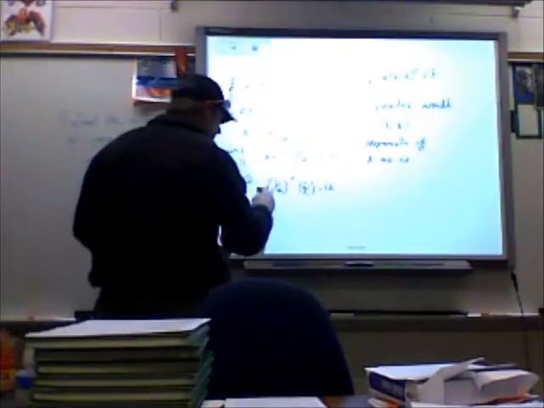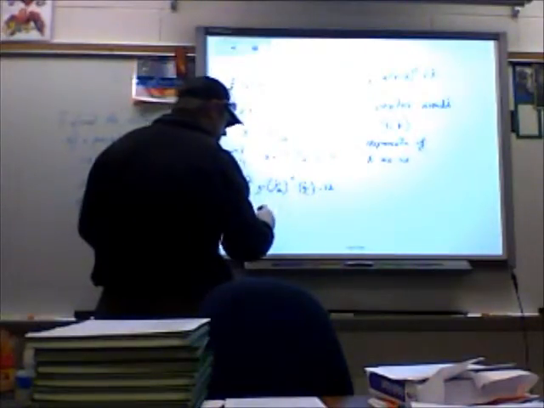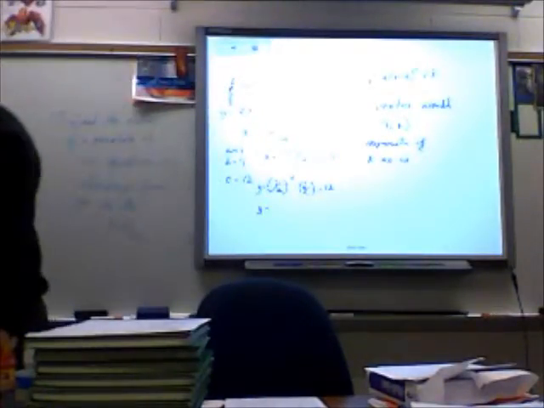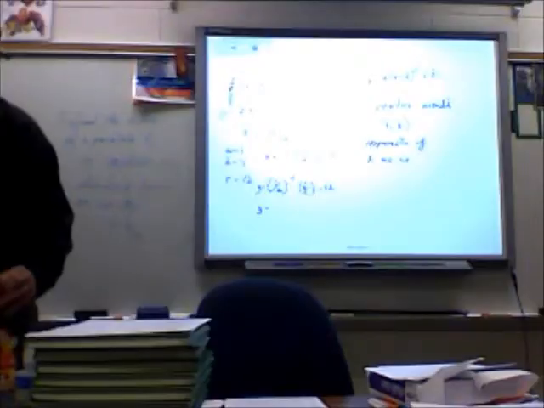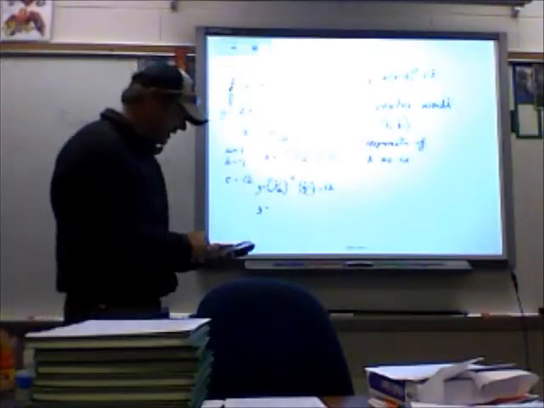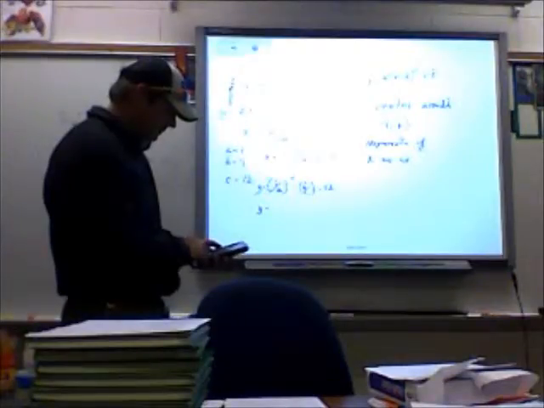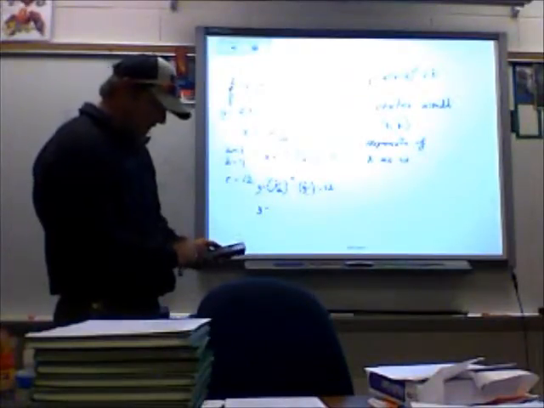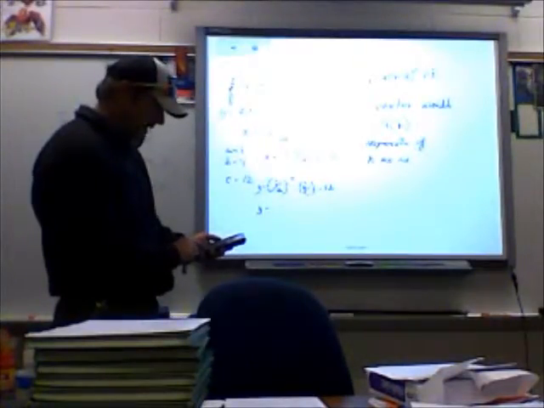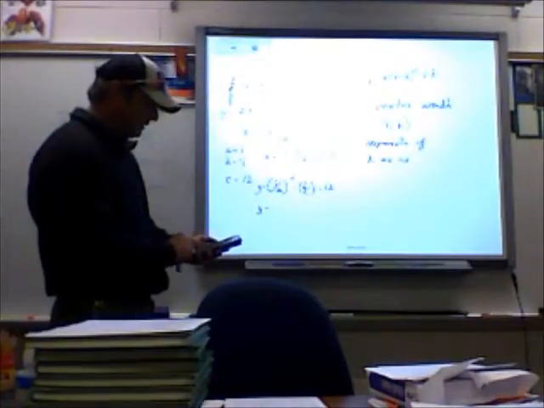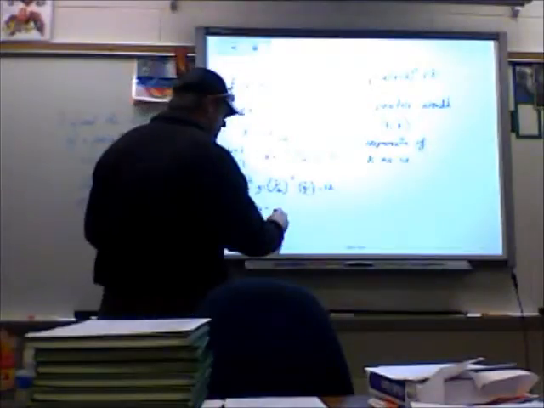I just take a calculator and calculate 0.5 squared minus 0.5 minus 12, and I find out that that's -12.25.